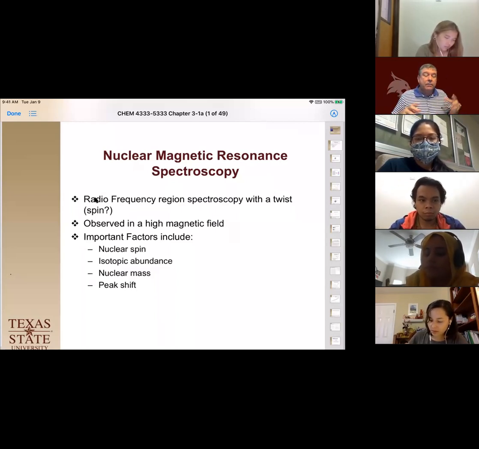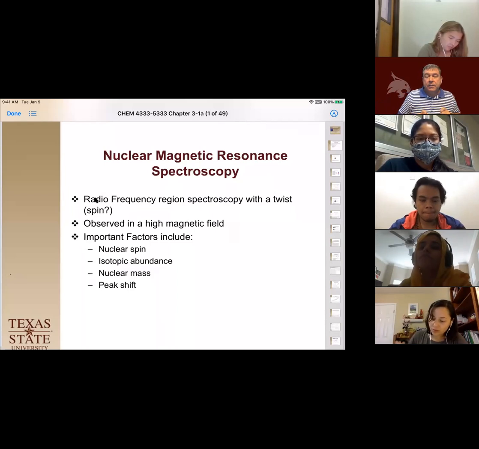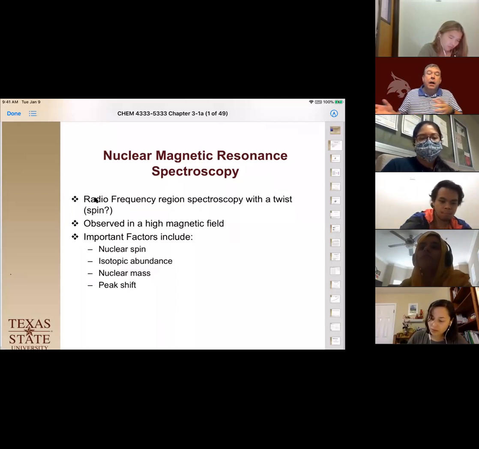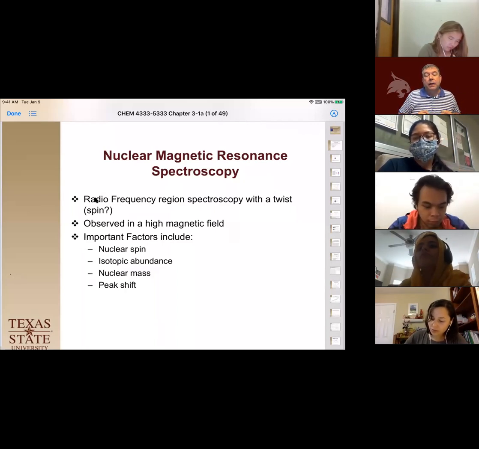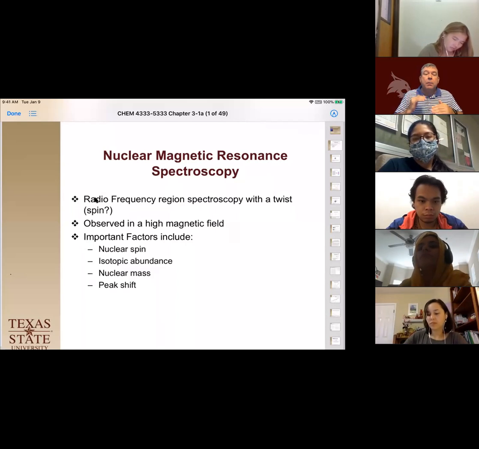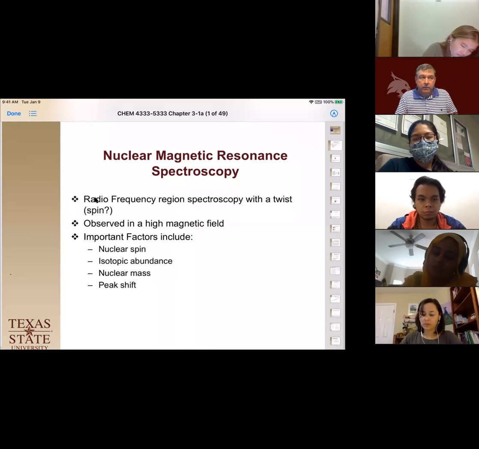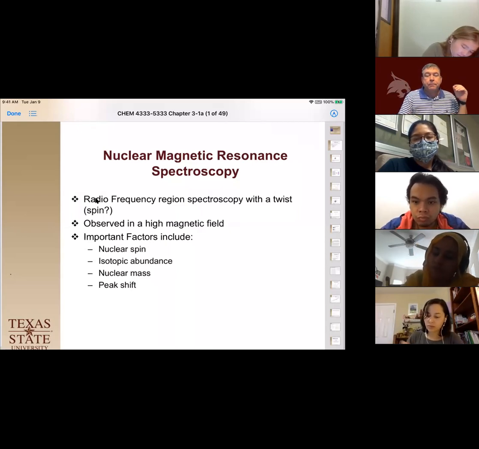The mass of the nucleus also makes it harder to knock out of precession. And then we have peak shifts. Peak shifts are moving up and down the spectrum based on how shielded they are by their electrons or how not shielded they are. We'll talk about all these different factors and how they get into what we're looking for in an actual NMR spectrum.